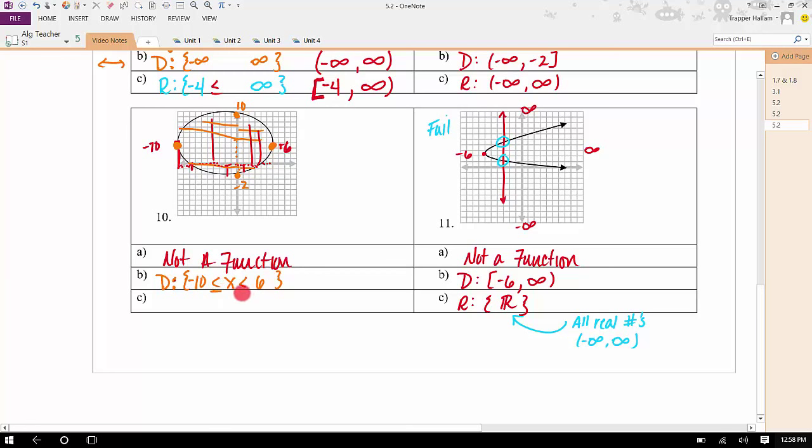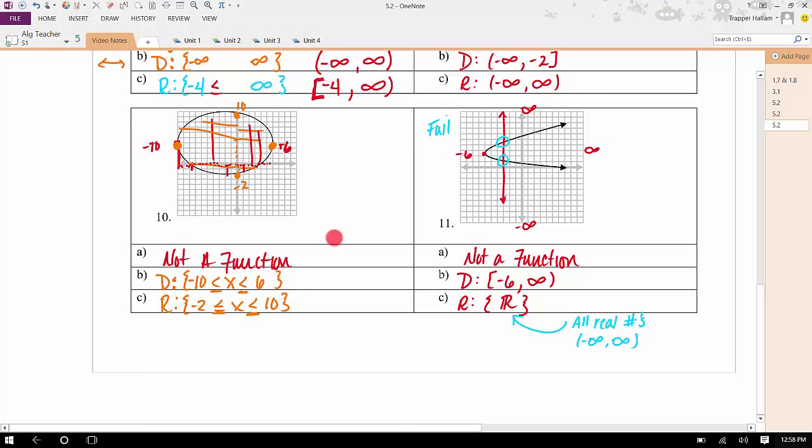So both of these get an equal sign because they are included in part of the domain. So the domain is -10 all the way to +6. All right, what's the range look like? So for the range, it's going to go from -2, touching, to 10, touching. So I get equal signs on both of those inequality signs.